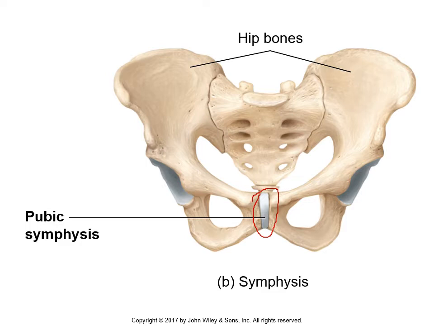So even though the spine as a whole can move a great deal, the individual joints are not synovial joints. The joints between the vertebrae, created by the intervertebral discs, are a symphysis, and again, that's a cartilaginous or amphiarthrodial joint.